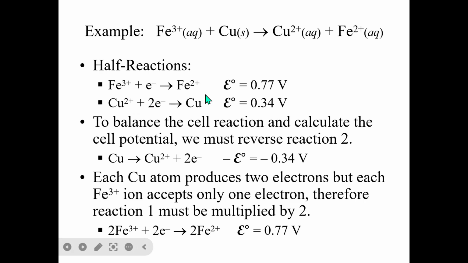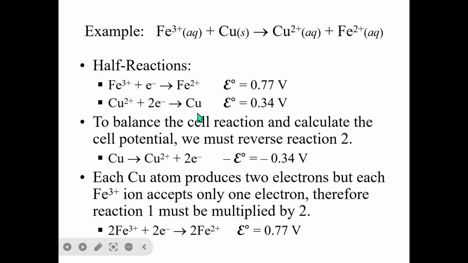So now the first thing that we need to ask ourselves in this situation is that, in this case, we have the values 0.77 and 0.33. The question is which one will undergo oxidation and which one will undergo reduction.